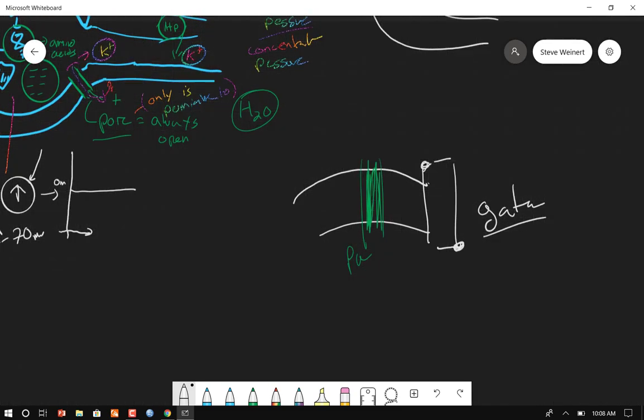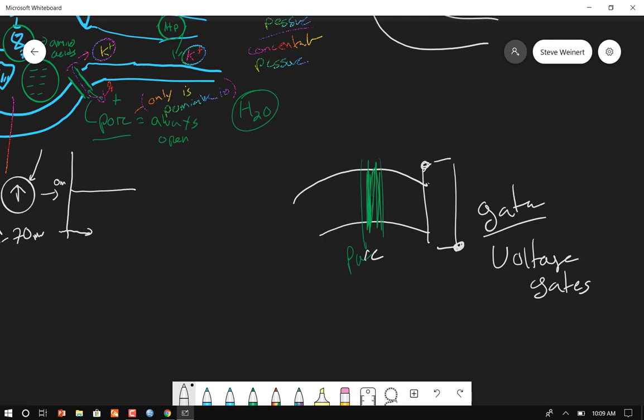Now, a gate is a membrane-spanning protein, except how is a gate different than a pore? Gates open and close. Wow. There's different kinds of gates. Okay? There's voltage gates. Guess what opens a voltage gate?